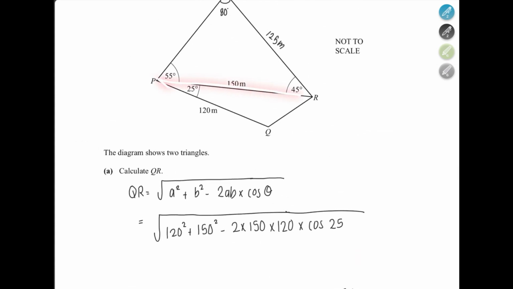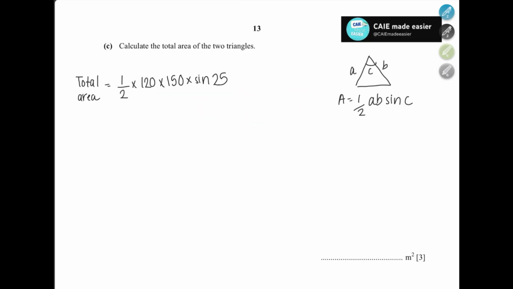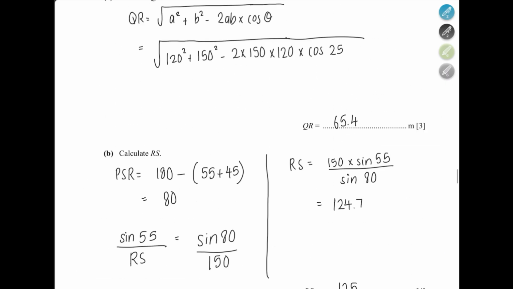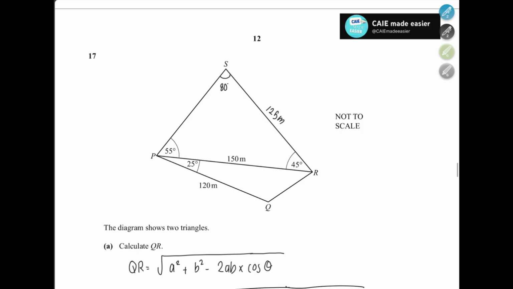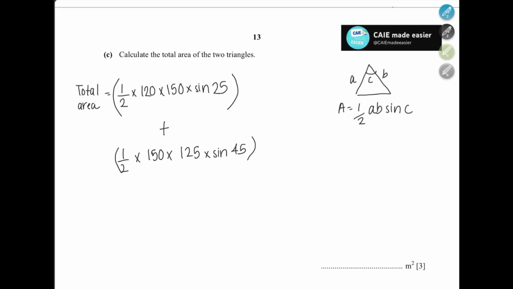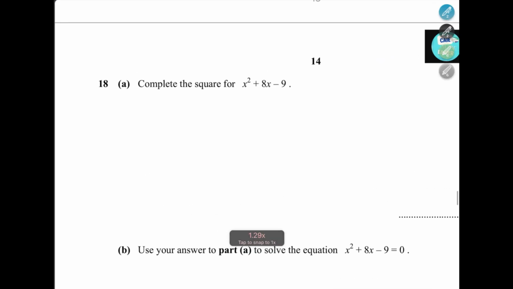This is going to be half multiplied by 150 multiplied by 120 multiplied by sine 25, plus the area of the second triangle, which is going to be half times 125 times 150 times sine 45. This is going to be 10,400.